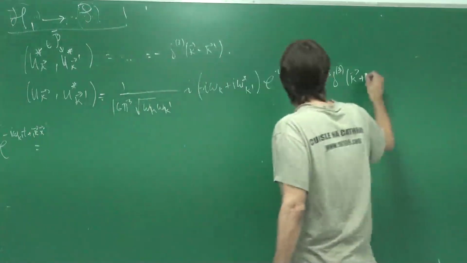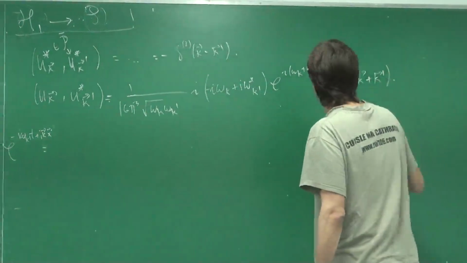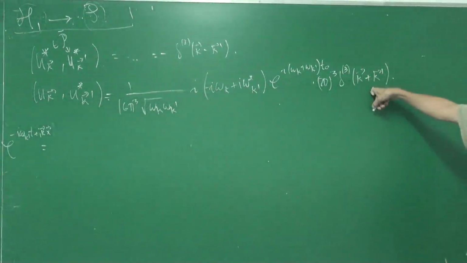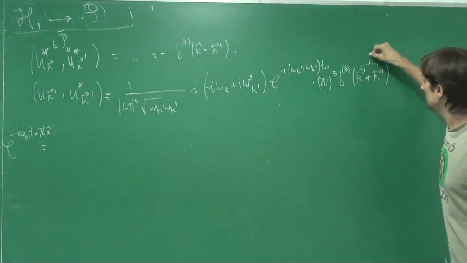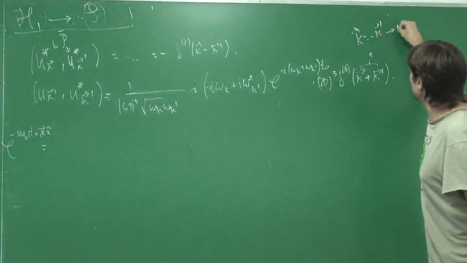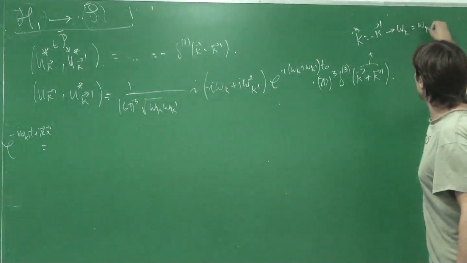So that's K plus K prime. So that tells you that you need K equals minus K prime, but still omega K is equal to omega K prime.